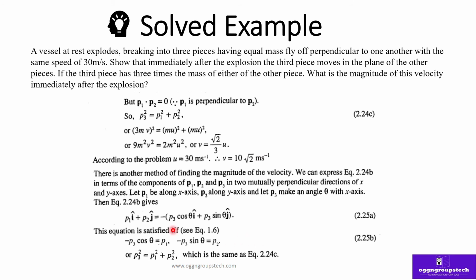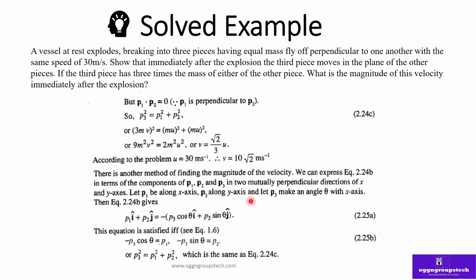If we want to find this out by a different method, in vector form, we can find it out. So as we know, P1, P2, P3 are in two mutually perpendicular directions of x and y axis. These are the components along these things. So P1 is along the x axis, P2 is along the y axis.